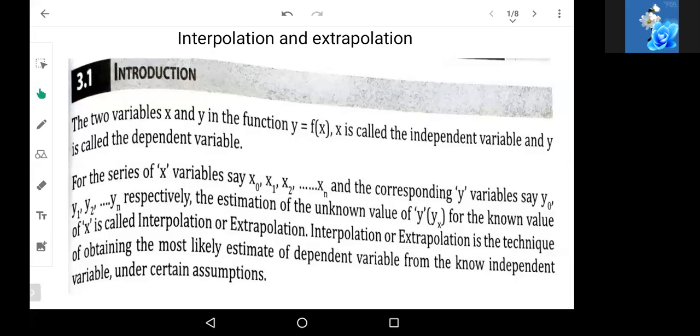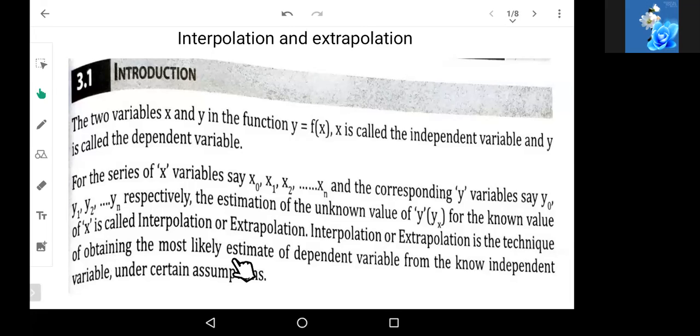Now, interpolation or extrapolation is a technique of obtaining the most likely estimate of dependent variable from the known independent variable under such assumptions. So, for interpolation as well as extrapolation, you will be taking some assumptions, and using these assumptions, we will be getting the most likely estimate of dependent variable.